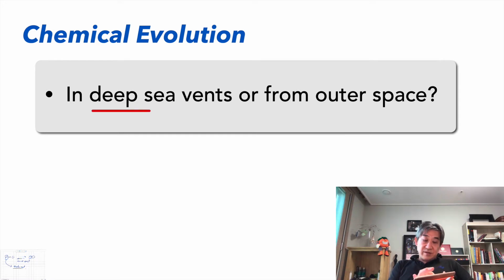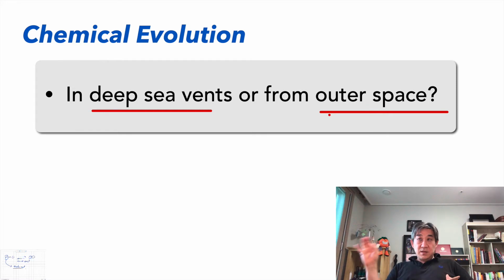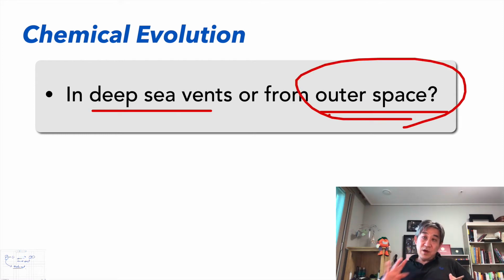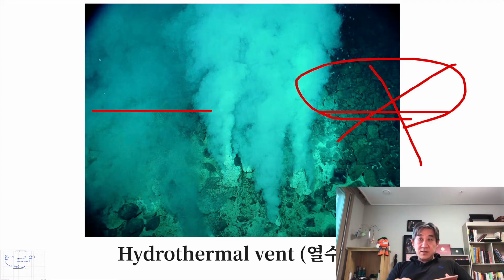Or some other scientists believe the origin came from the extraterrestrial, so outer space. But in this case, we are just delaying the problem, because we will then have to explain what the beginning was in that outer space. So I'm not going to go into that discussion in this class.